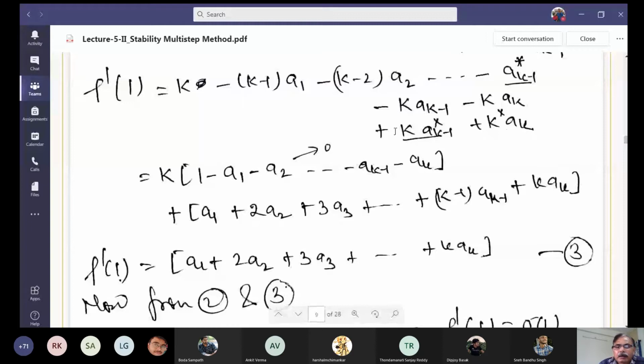And then remaining will go here, k times 1 minus a1, a2, so only the k it is 1, then k times first part, minus k a1 minus k a2, and like that. So minus k ak minus 1 minus k ak is taken from here, so that is added here. Remaining is added with the remaining term, so it is a1 plus 2a2 plus 3a3 and so on, k minus 1 ak minus 1, then k ak. Is that clear? Nothing is there, just simple manipulation is there.